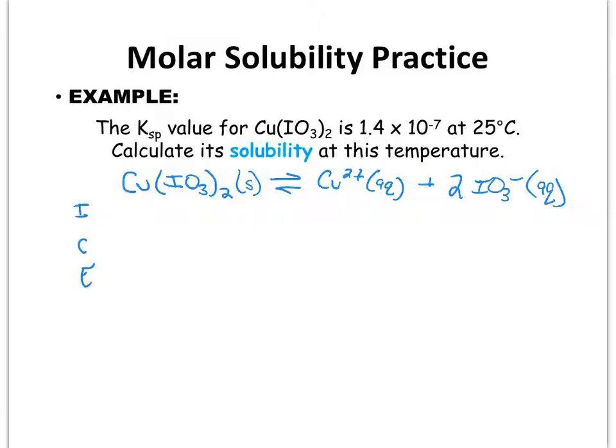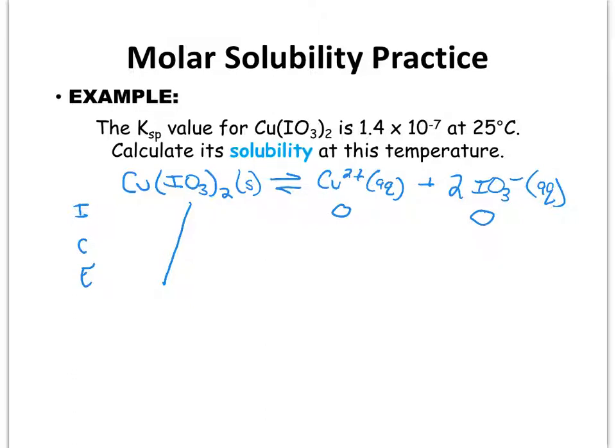Just remember that the solid compound does not participate in the equilibrium ICE table. Solids do not participate in our equilibrium constant, so we only need to worry about the aqueous products. Initially, each of these is not present, so they're both zero. Since they're not present initially, they're going to be forming.